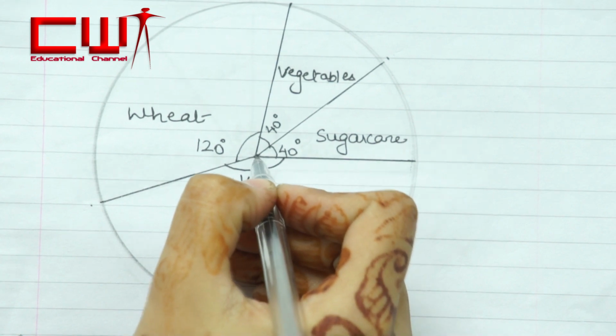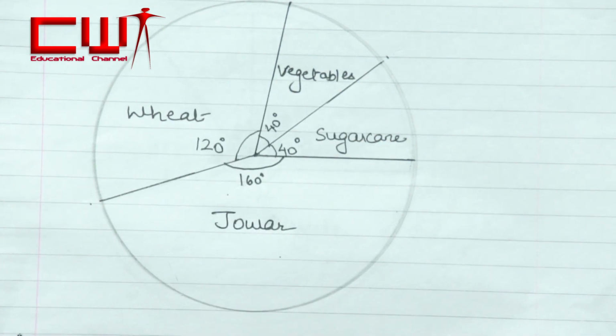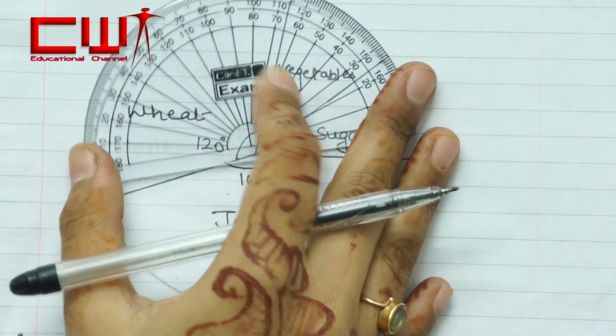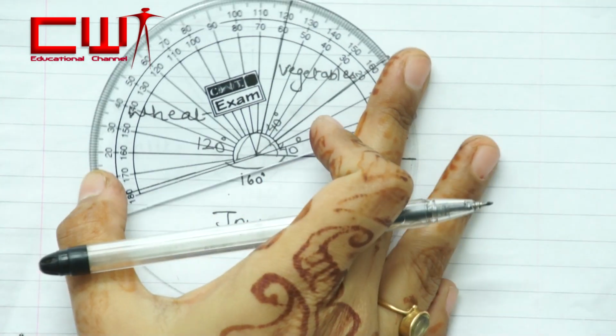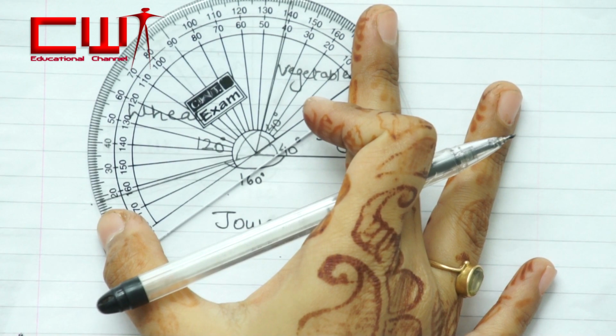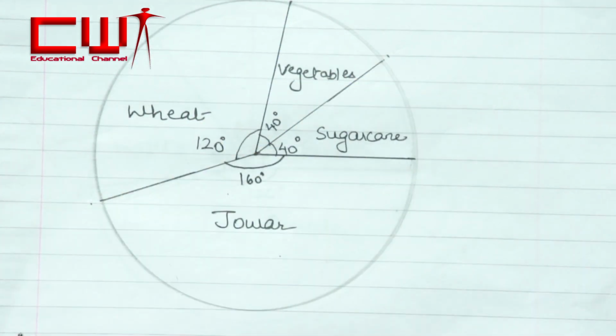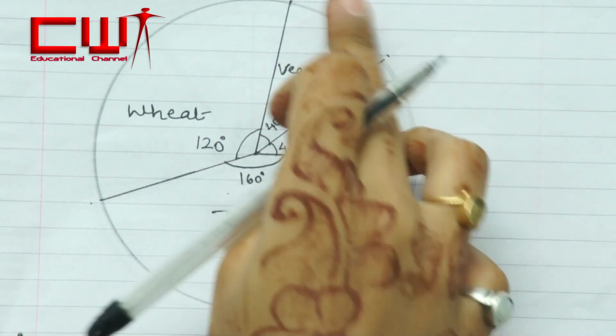Next again is 40. Now you will keep your protractor straight and the baseline will be the line that you have drawn for sugarcane. This line will be your baseline for the protractor, right? So from there you make again a line, count 0, 10, 20, 30, 40.